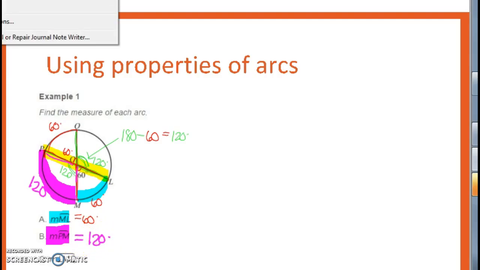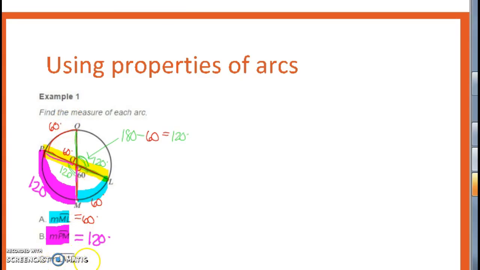And now finally they're asking me to find the measure of arc LMQ. This is a major arc here because it has 3 letters. So if I start at L, I move around the circle to M, and then all the way around to Q, which looks like it's all the way around to here. That's a Q there.